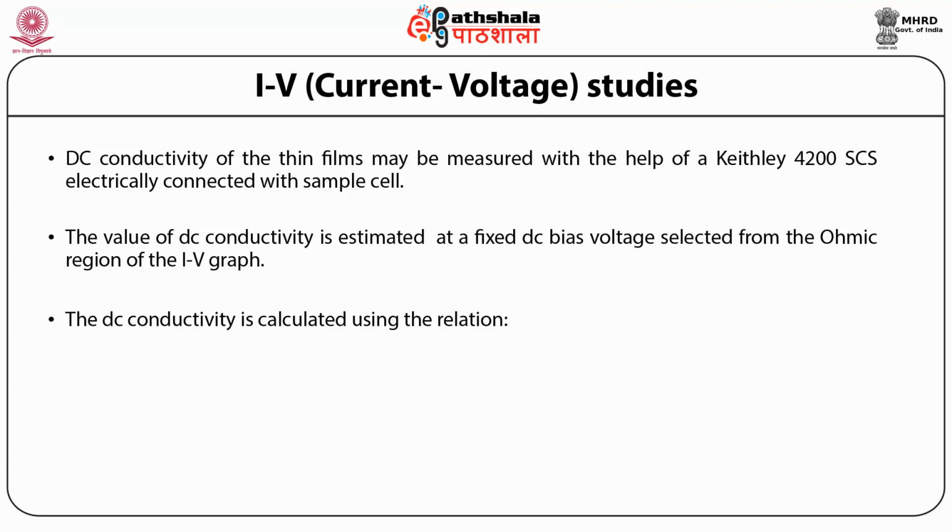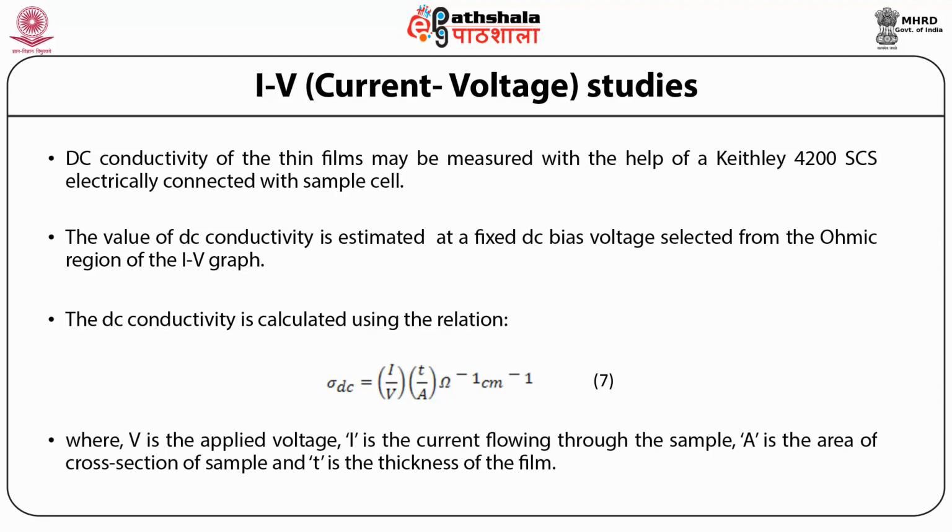The DC conductivity is calculated using the relation sigma DC equals 1 by V times (I divided by A) with the units of ohm inverse centimeter inverse. Here V is the applied voltage, I is the current flowing through the sample, A is the area of cross section of the sample, and small t is the thickness of the film.